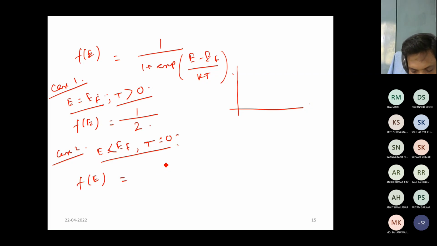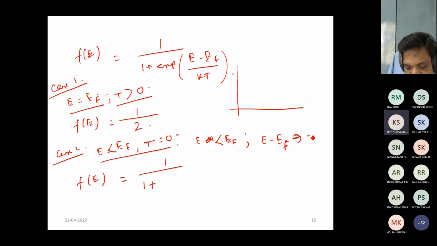F(E) is equal to 1 divided by 1 plus exponential of E minus EF divided by KT. If E is less than EF, what would this value be? Then E minus EF would be negative.